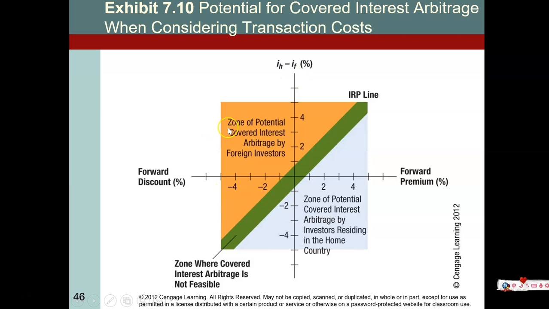To the left-hand side of the line is the zone of potential covered interest arbitrage by foreign investors. They could make more by investing in the domestic market, so P has to be small enough compared to IH minus IF.